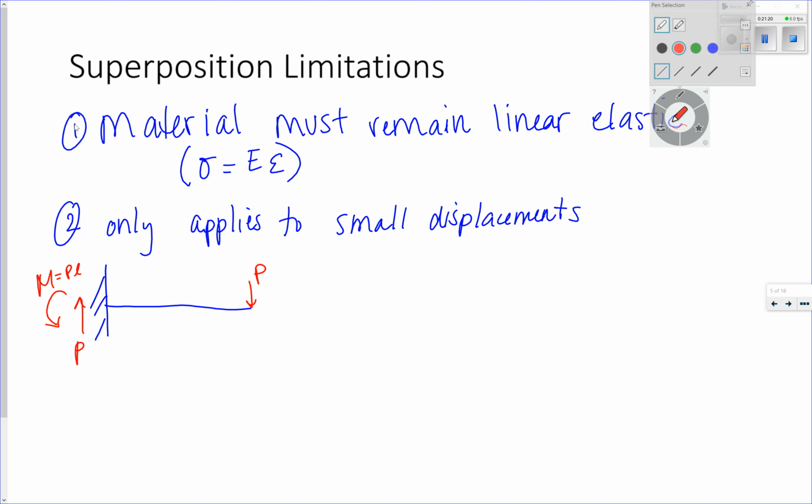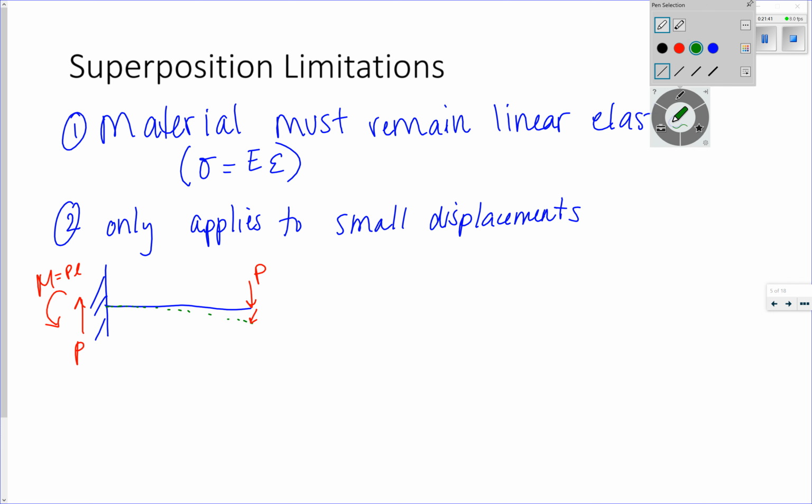And in applying that concentrated load, I have a deflected shape like that. And my load follows my deflected shape.